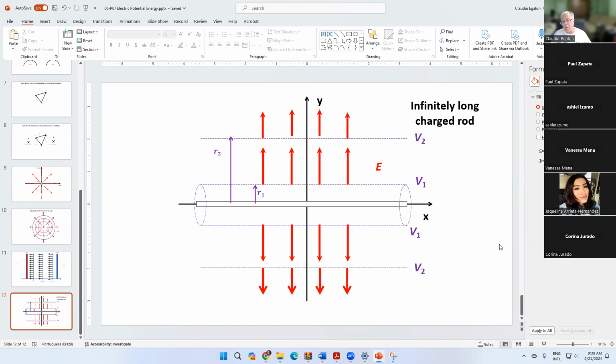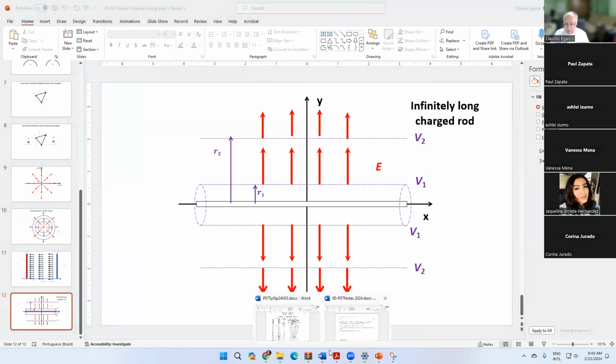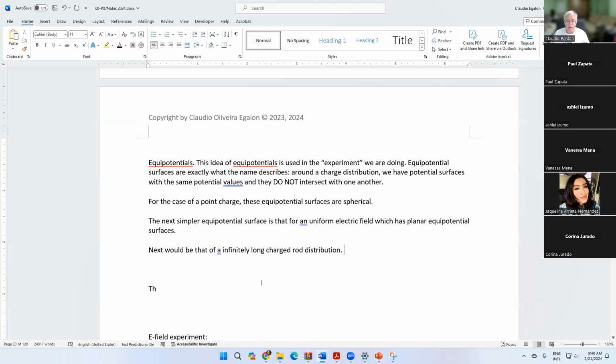If we have a spherical distribution of charges, you're also going to have spherical equipotential surfaces. And then you can have more complicated ones, okay? But those are the simplest ones to visualize, on a charged rod distribution.